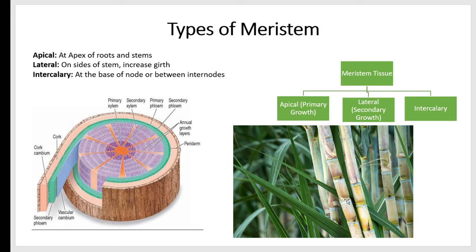So, these intercalary tissues are present at the base of these nodes or between these nodes. The space between two nodes is known as the internode. So, it is important for their growth.